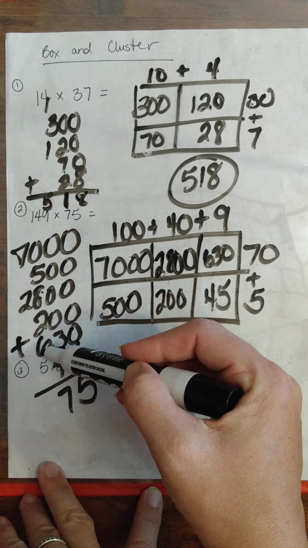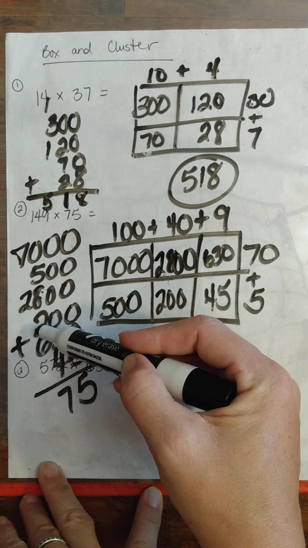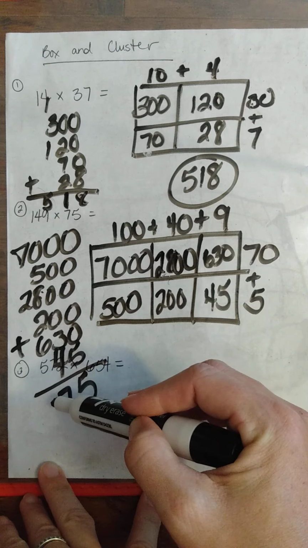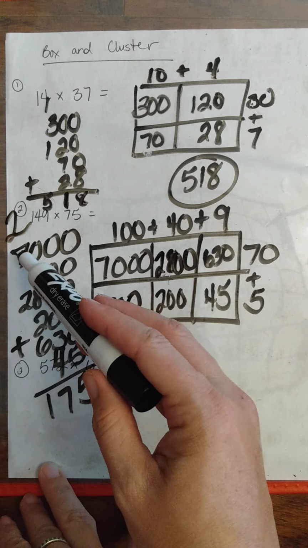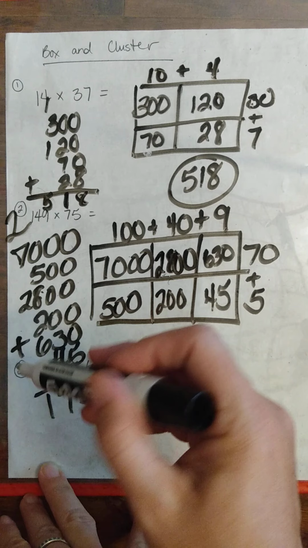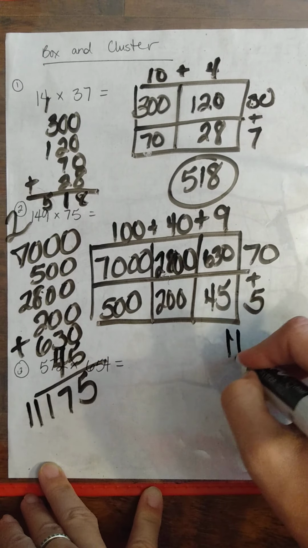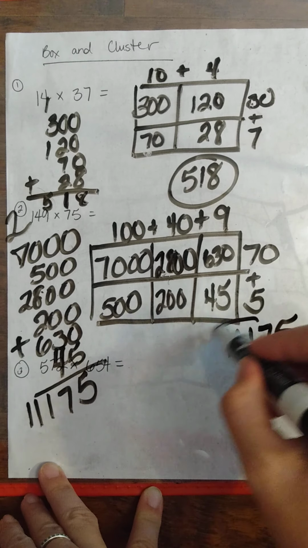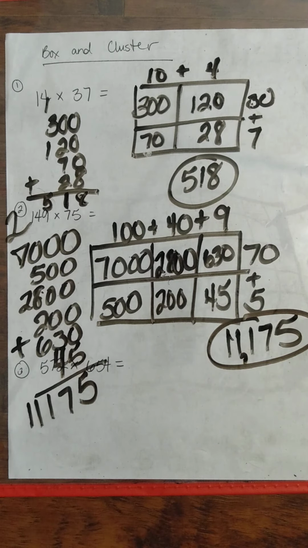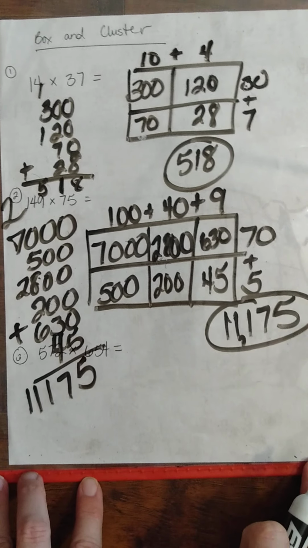So 14 plus 5 gets me 19. 2 more is 21. Then 7 plus 2 more makes 11. So our final answer ends up being 11,175.